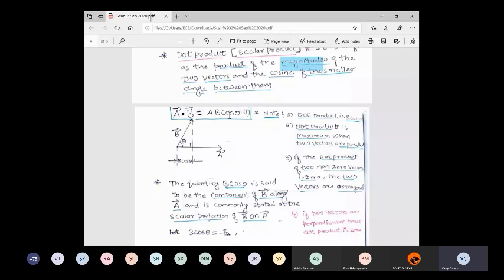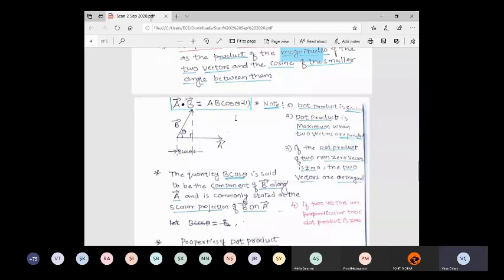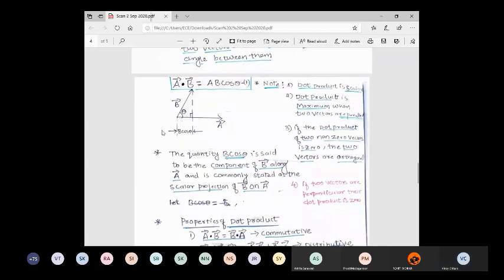and it is the smaller angle between them. Graphically, I have shown here, if you have vector A and a vector B, this angle represents the smaller angle between A and B, whereas this angle represents the larger angle. We should take the smaller angle between them.